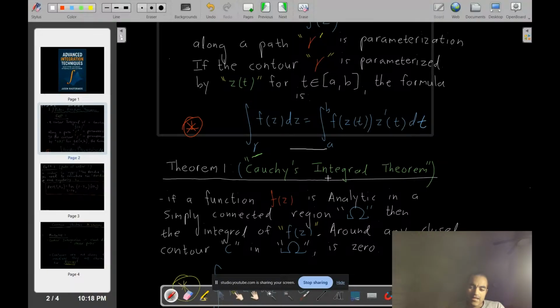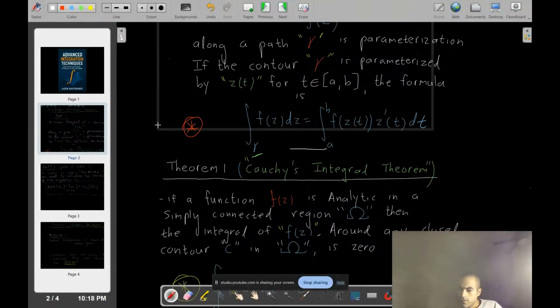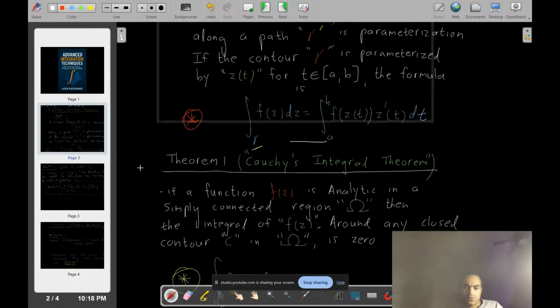So in terms of paths, yes, we're going to talk about that, but no, there's no vector field here. Hope that makes sense. We're going to move on from that.